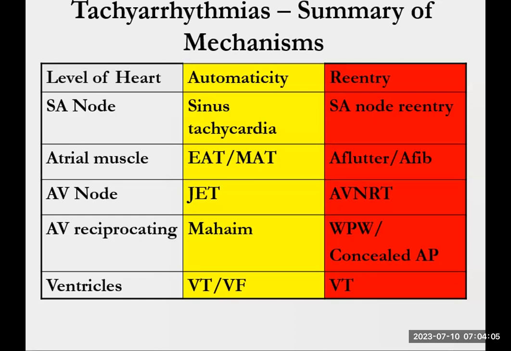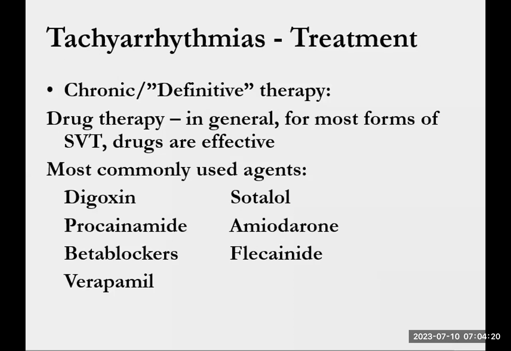Okay, so we're going to go into very brief general comments about treatment of arrhythmias. Throughout the entire year, we'll go over lots and lots of examples of arrhythmias and how to manage them. In terms of treatment, drug therapy is generally effective for most forms of SVT.